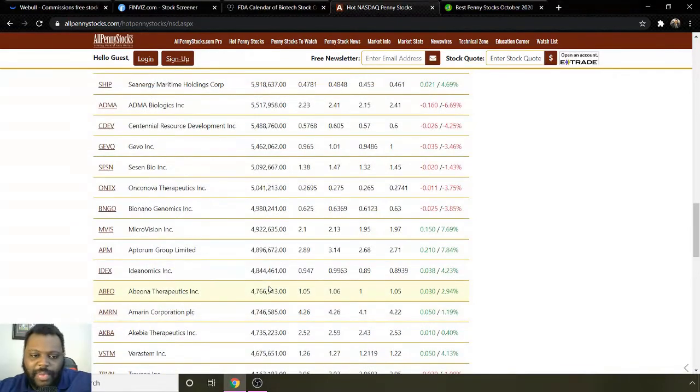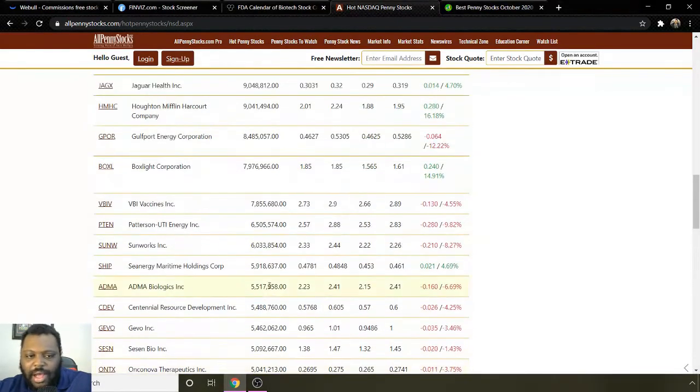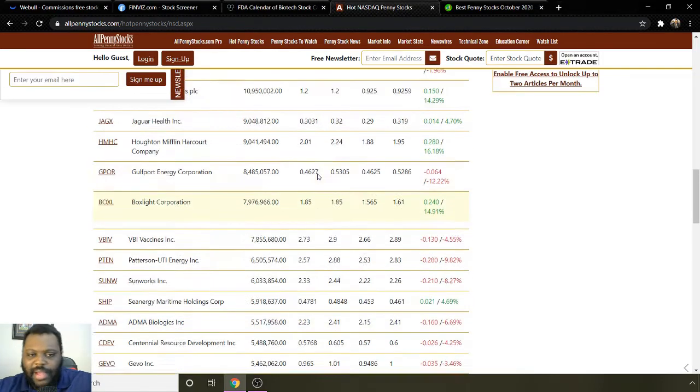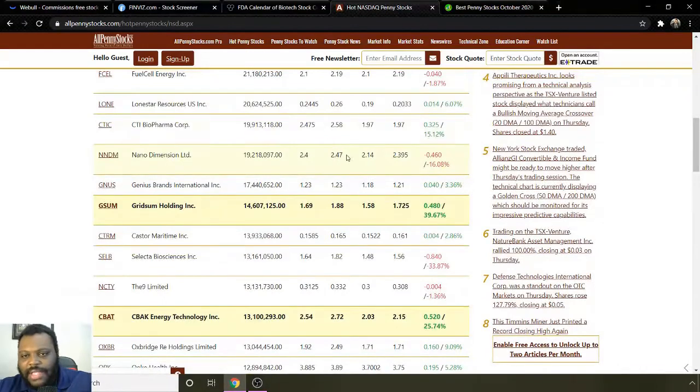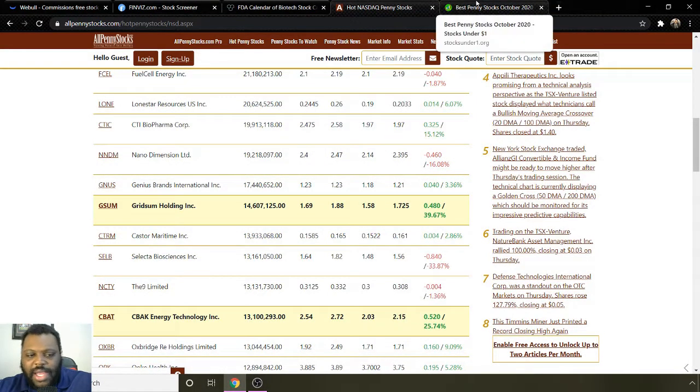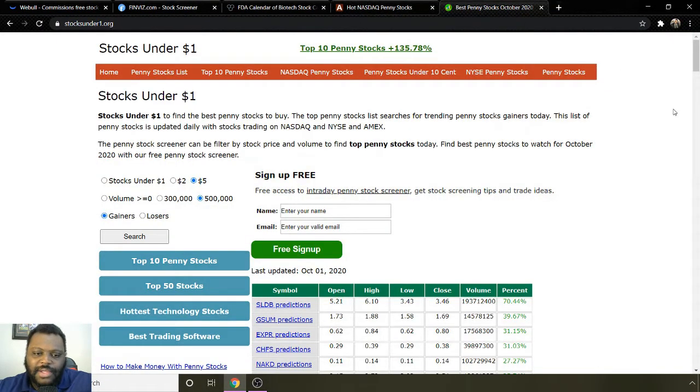Now I know penny stocks can be a lot more volatile. This shouldn't be your only position, do your due diligence, but I would say it's a good place to start. Lastly, the one that you should check out if you're into penny stocks for a screener is stocksunder1.org. This one goes through and does penny stocks.